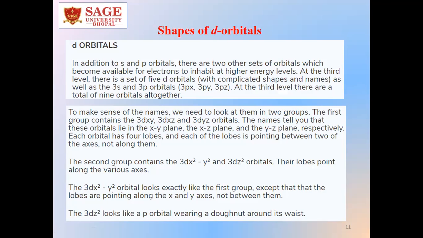So this is the difference. Also, the 3dz square orbital looks like a p orbital along the z axis, but wearing a donut around its base. So in the case of the dz square orbital, there is a circular belt around the lobes.